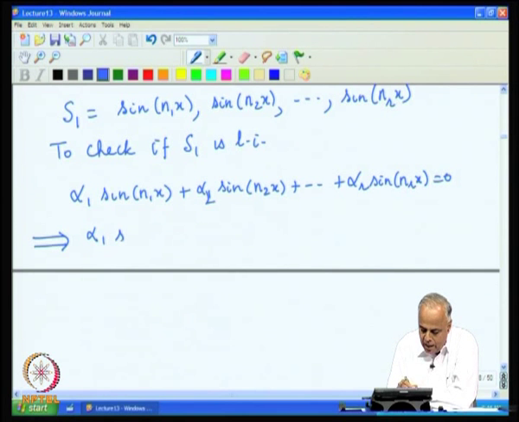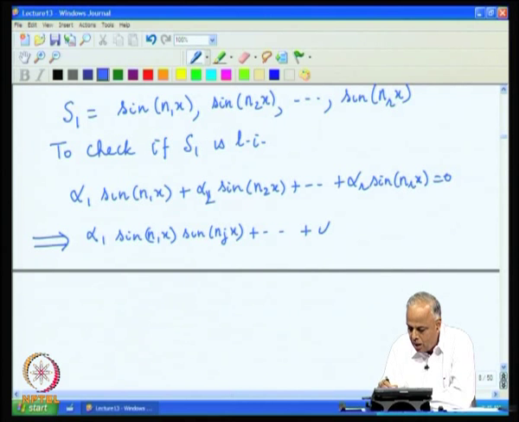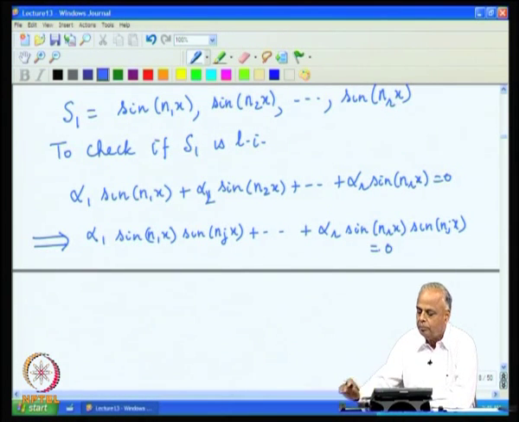So, we will get alpha 1 sin n1 x into sin nj x plus etcetera plus alpha r sin nr x into sin nj x is equal to 0.